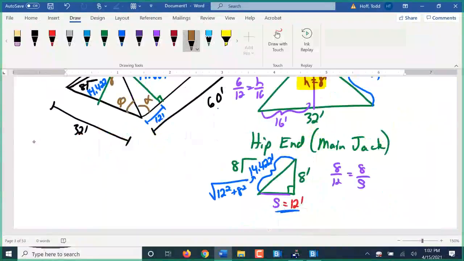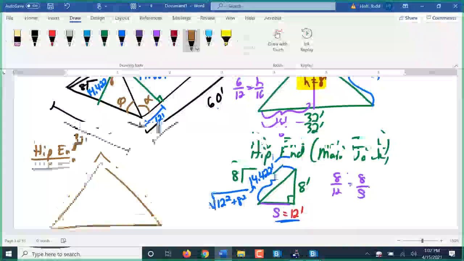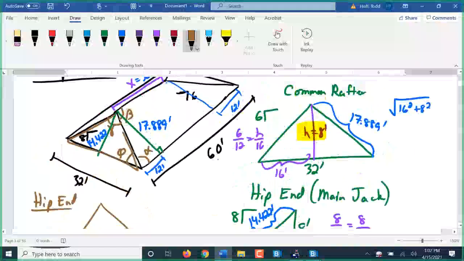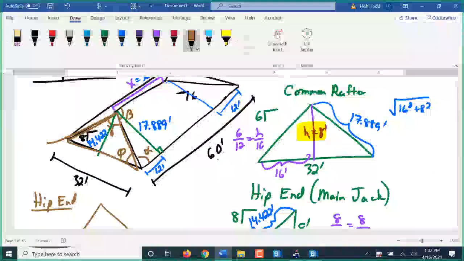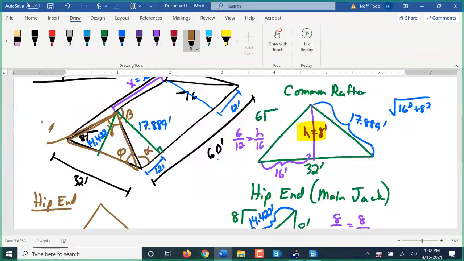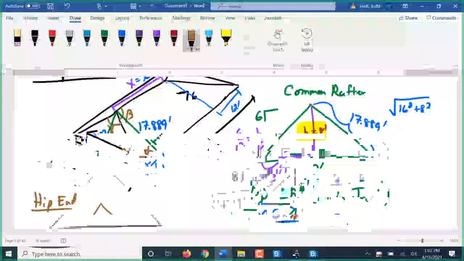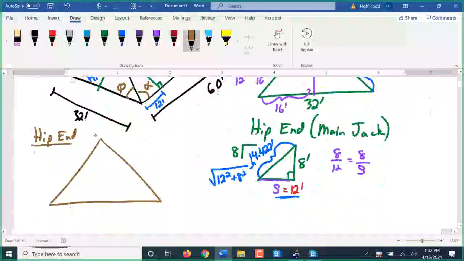Look at the hip end. We have that triangle laid out there. Now this triangle, that's this triangle here, which is actually laying on the slope of that hip. And we know that this width here is 32 feet.